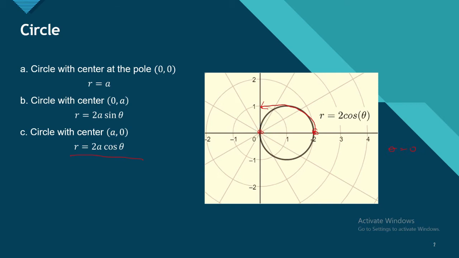Now, you can generate this set of points below the polar axis by rotating your angle clockwise. So you begin from 0, and then you go clockwise to negative pi over 2. And you will generate these points. r = 2 cos θ.